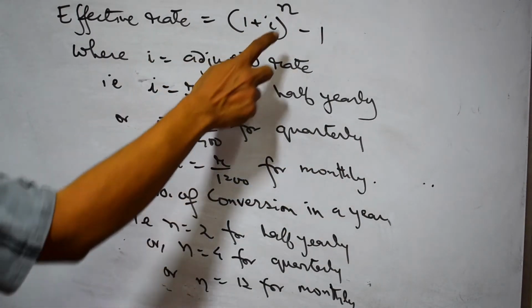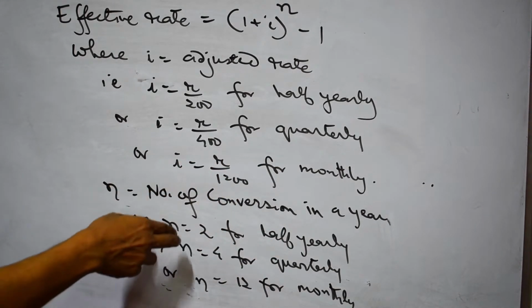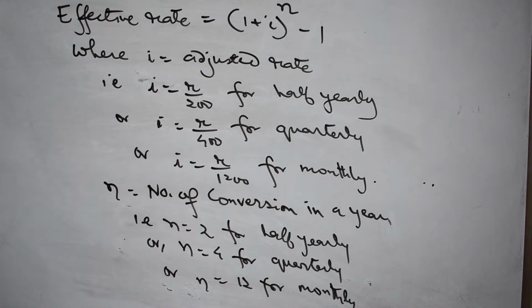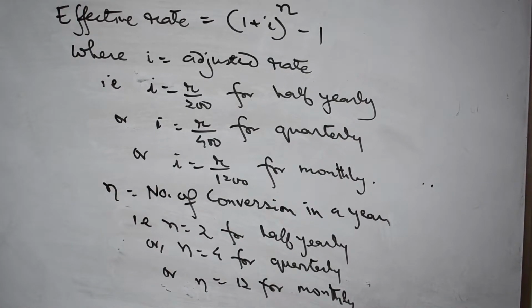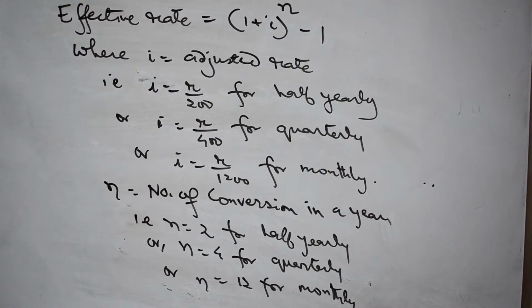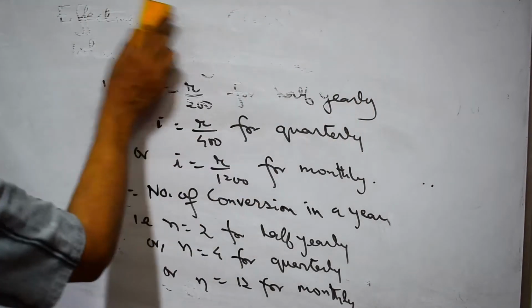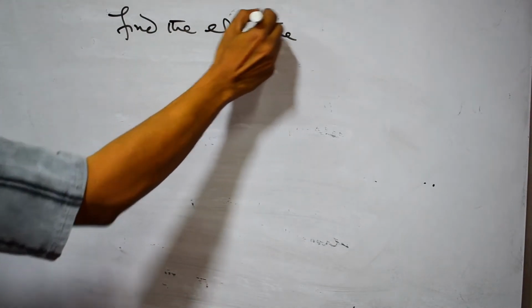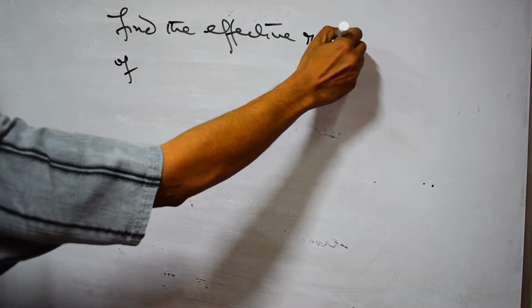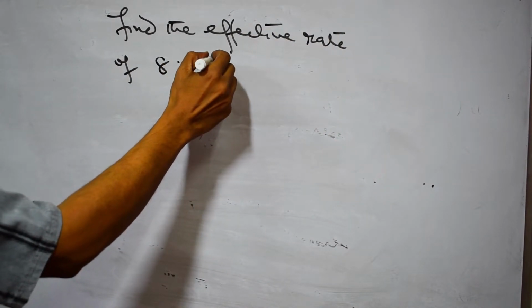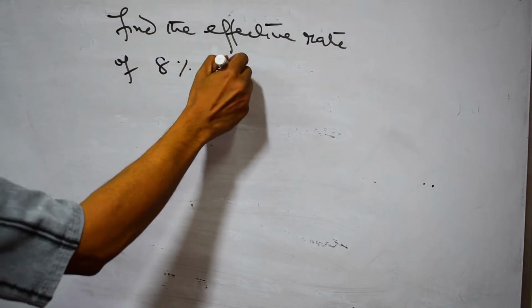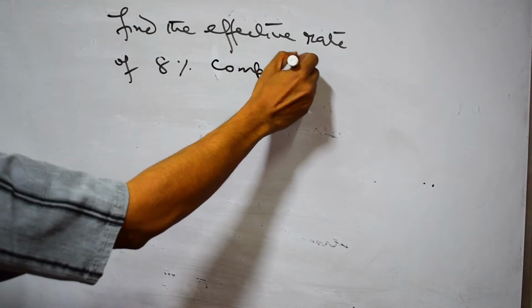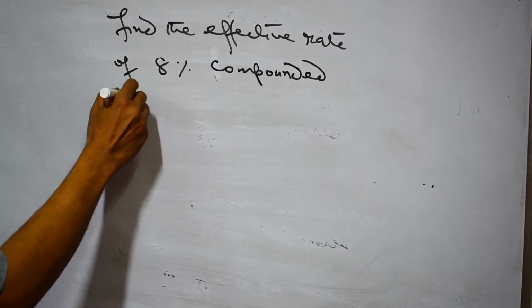And n will be the number of conversions in a year, meaning 2 for half yearly, 4 for quarterly, and 12 for monthly. Now we can have a problem. Find the effective rate of 8% compounded semi-annually.